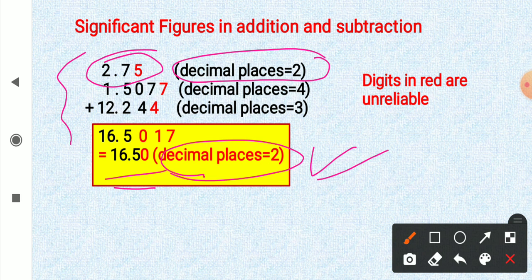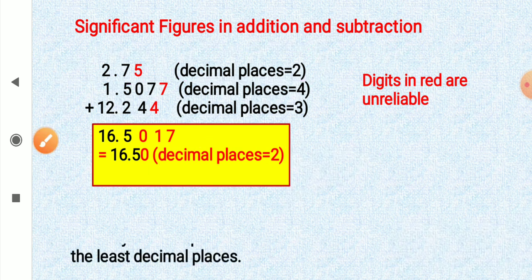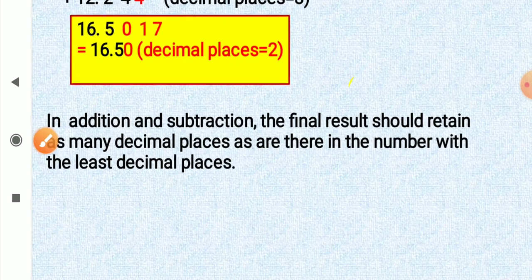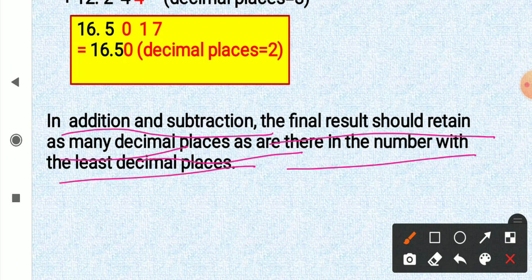So in sum and difference, in addition and subtraction, the result will have the number of decimal places equal to the number having the least number of decimal places. So here, in addition and subtraction, the final result should retain as many decimal places as are there in the number with least decimal places.